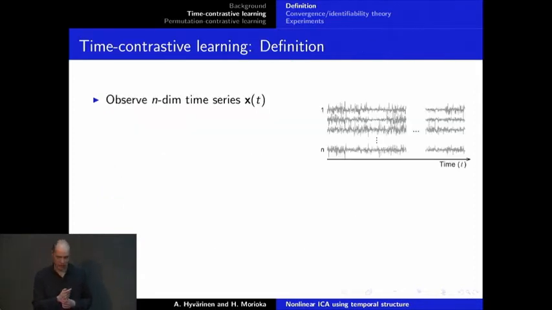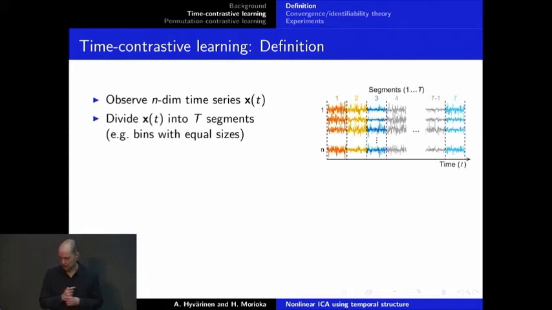So, in more detail, the intuitive principle is as follows. We observe an n-dimensional time series x indexed by t. What we do is divide this time series into big T segments, a rather large number of segments, in the basic case just taking bins or segments with equal sizes.